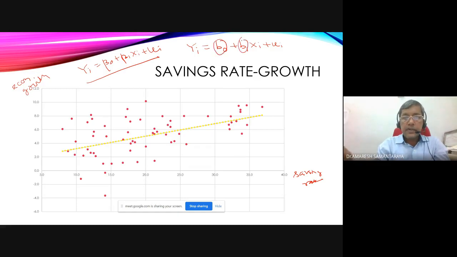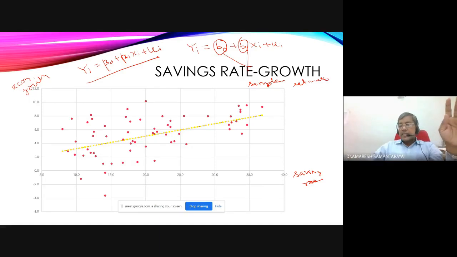For the sample, we'll call them sample estimates. Remember these names: population parameters, sample estimates. These are two sets of coefficients.